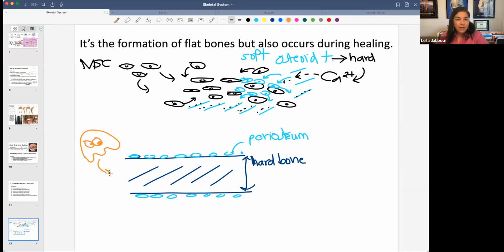These osteoclasts are going to remodel bone and destroy the center of these flat, thick, bony structures. And you're going to end up with spongy bone with all of these trabeculae. So I'm going to draw the outcome over here. You're going to be left with a little bit of hard bone over here.